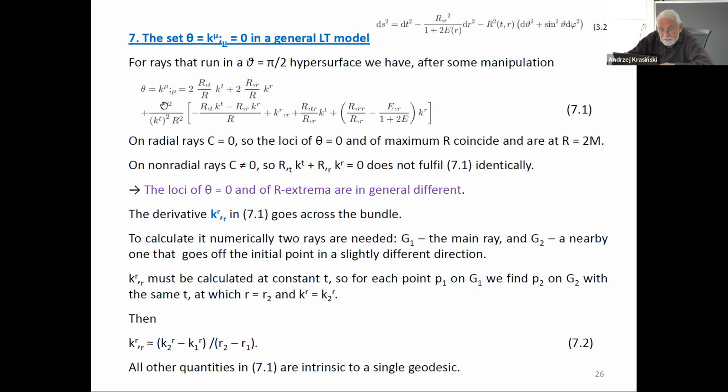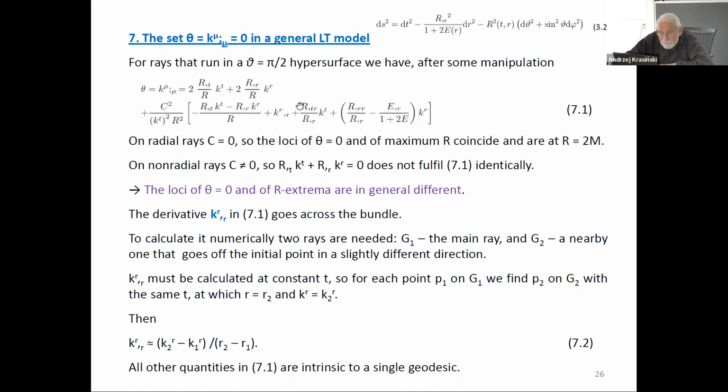On radial rays, C is equal to 0, and this whole second line disappears. You can see that on radial rays, the locations of theta equal to 0 are the same as the locations of maxima of R. They coincide and both are at R equal to m. On non-radial rays, this term being 0 is in general not a solution of the equation theta equal to 0. So they are different.